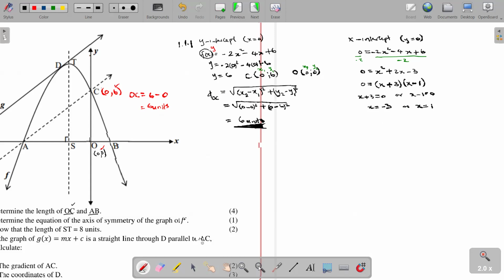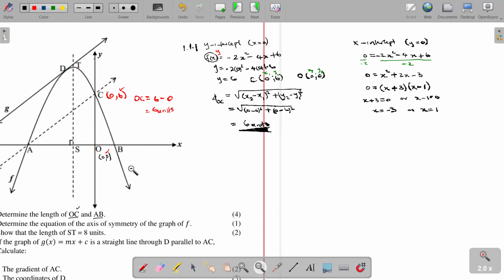it therefore means that we now have the coordinates of A and B, so we can put them. The coordinates of our A here are going to be given by negative 3, 0, and the coordinates of B are going to be given by 1, 0, there.